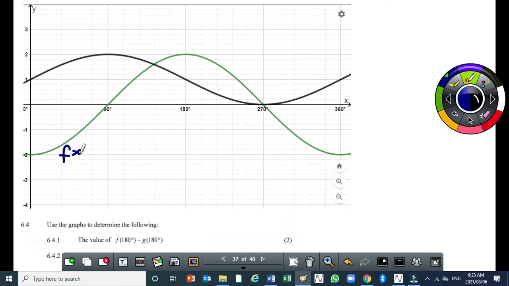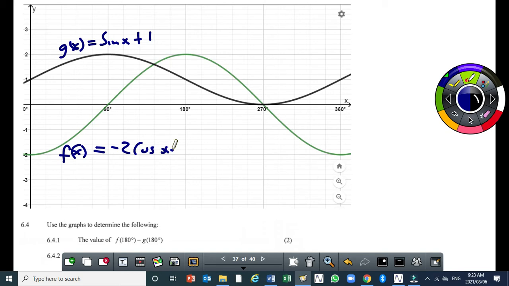Remember, this one here is f of x. And the top one, which is in black, that will be g of x equal to sine x plus 1. So you can check if you sketch the graph, that's what you're supposed to get. So this is minus 2 cos x.